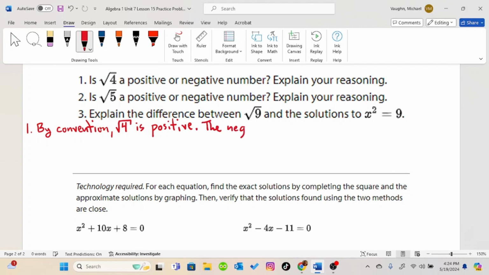The negative would be negative square root of 4.